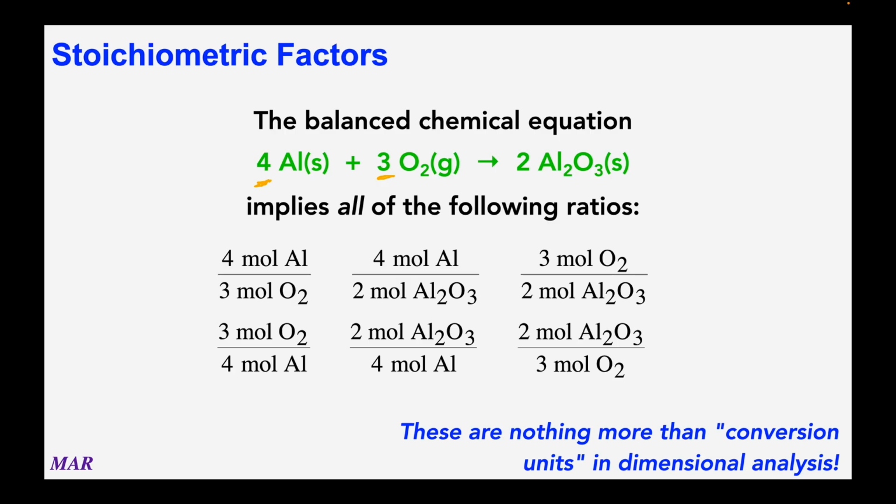Like all good conversion factors in dimensional analysis, you can flip them on their head. So you don't want 4 moles aluminum over 3 moles O2. You can flip it, 3 moles O2 over 4 moles Al, no problem. That's where these ratios become so important to chemists, because it allows you to go from one reactant to another, from a reactant to a product, from a product to a reactant, or a product to a product. And I'll show you some examples of this here coming up.